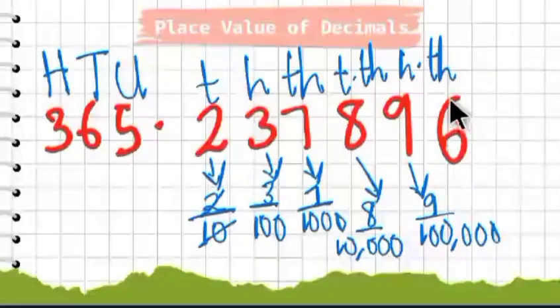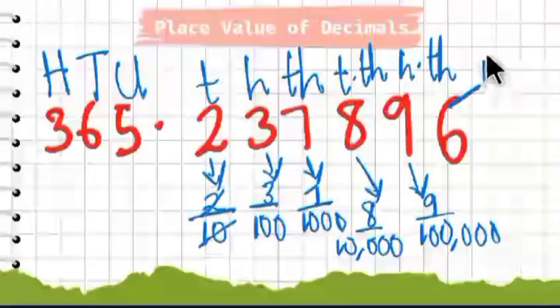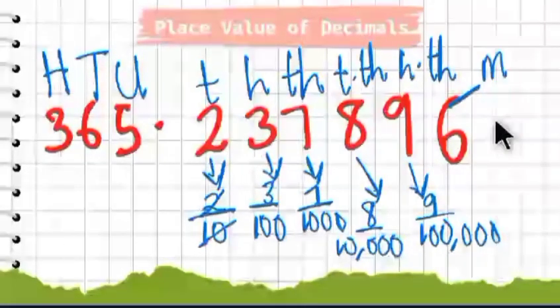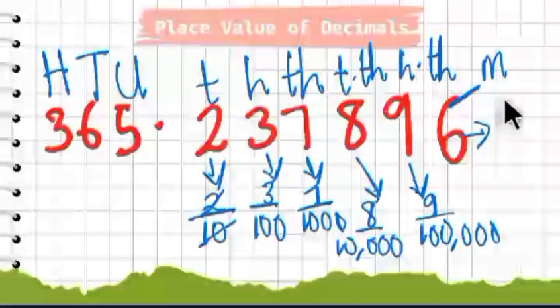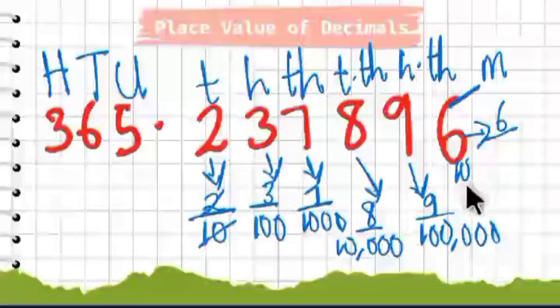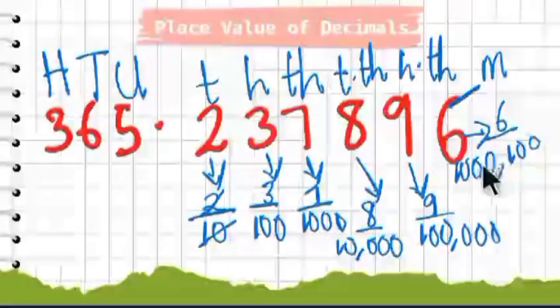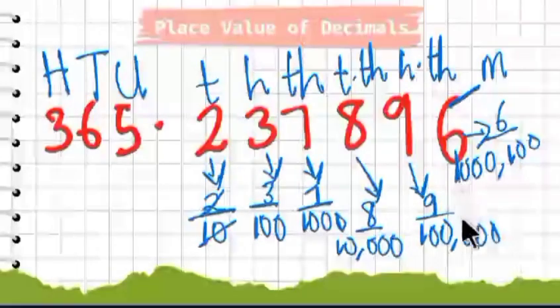Finally, the next digit is millions, and it is written as 6 out of 1 million.